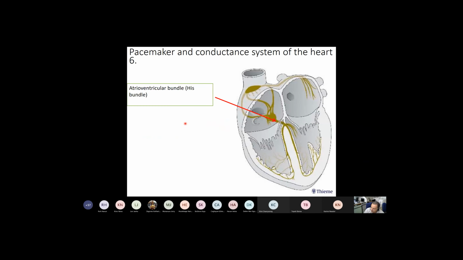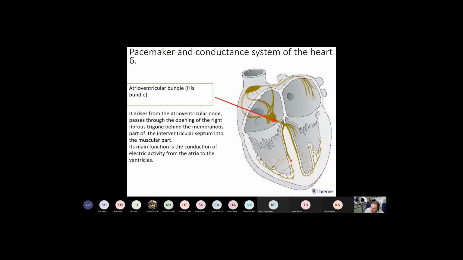Then from the AV node, we go on with the His bundle, also called the atrioventricular bundle. And finally, we will enter the interventricular septum, first the membranous part, and then it splits into the 2 branches, but that occurs already in the muscular part.